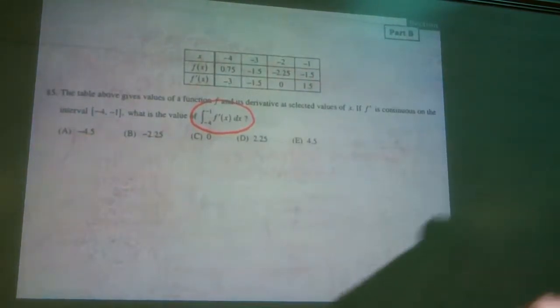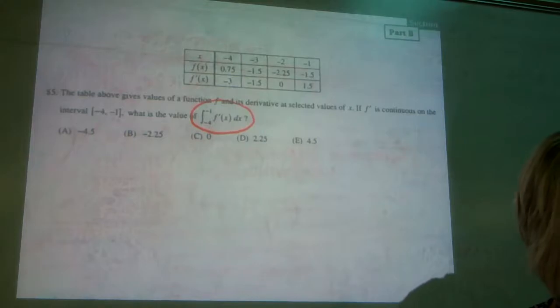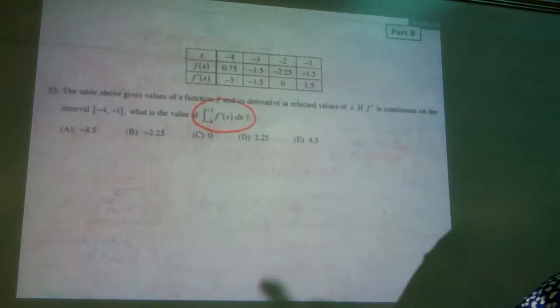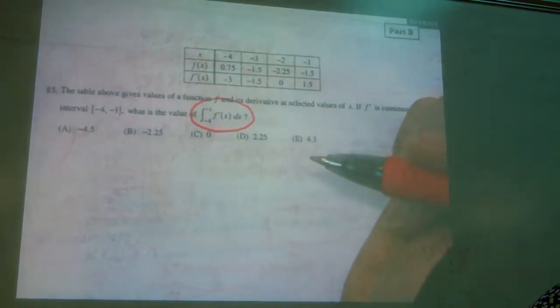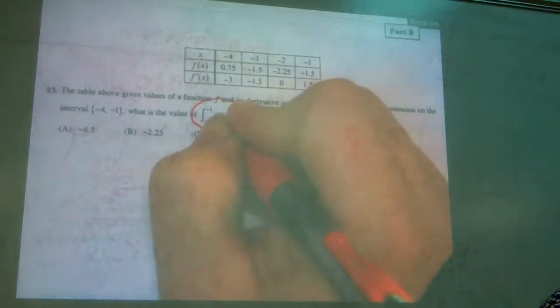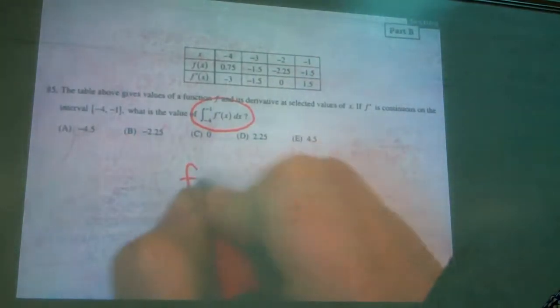Okay, so when we integrate the derivative, those two things cancel each other out. You take the derivative of an integral, it cancels it out. If you integrate a derivative, it cancels it out. So if I integrate the derivative of f, I just get f.